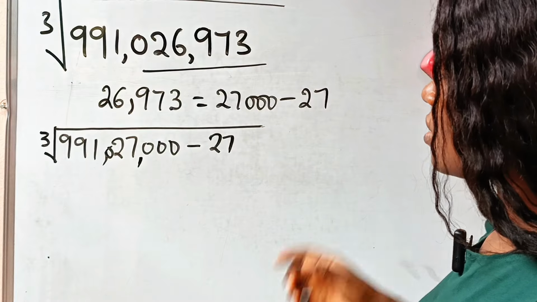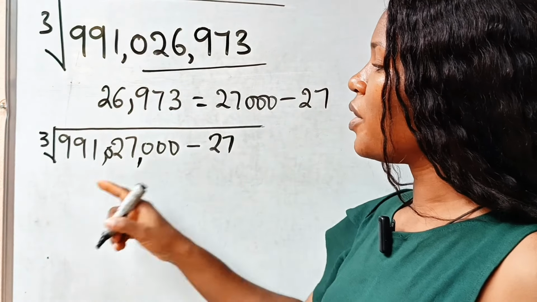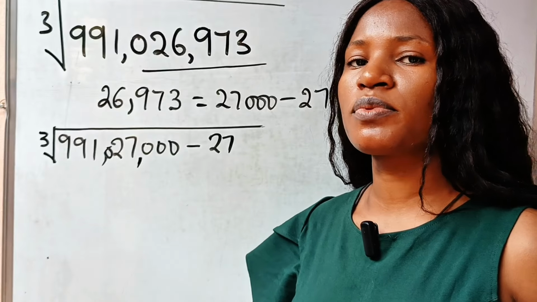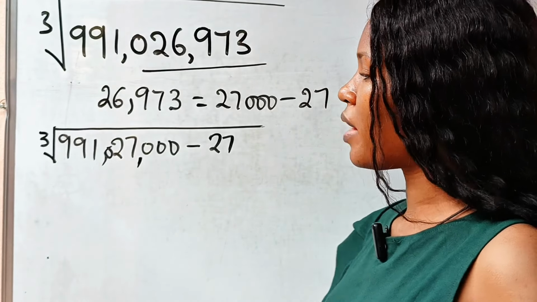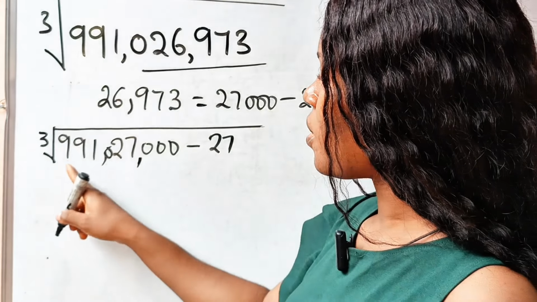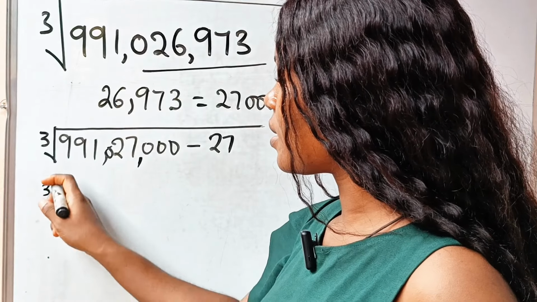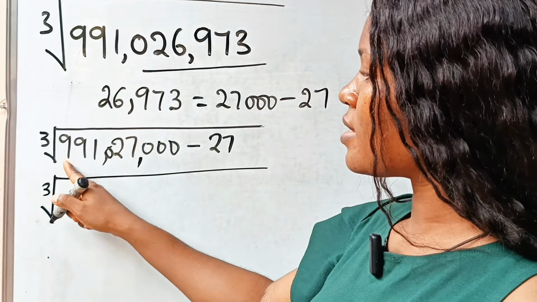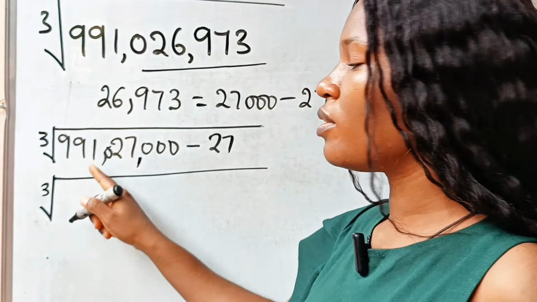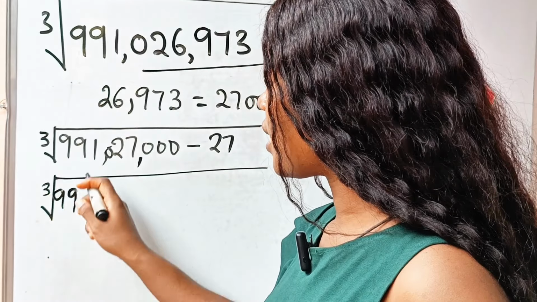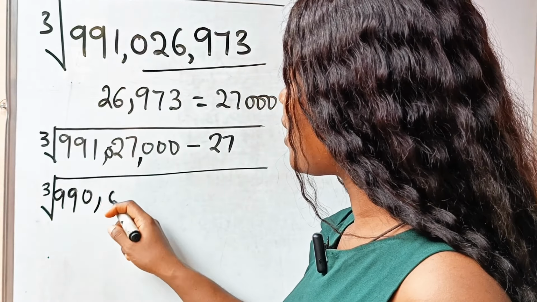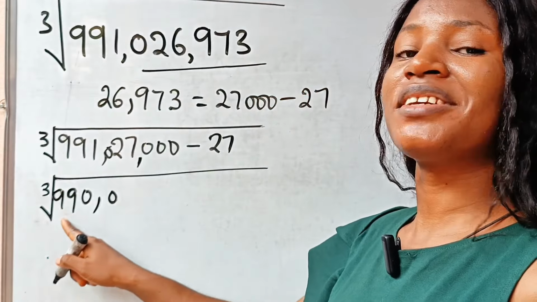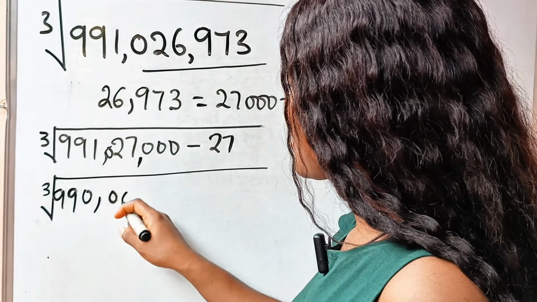Now the next thing is this. First, we need to express them in terms of multiples of 100 or multiples of 10. So first of all, I'll replace this with 990 million. This is quite a huge number.